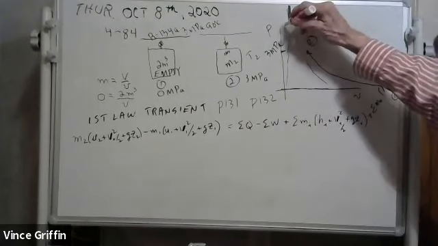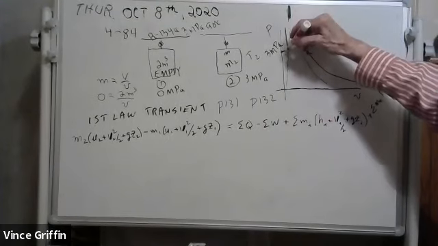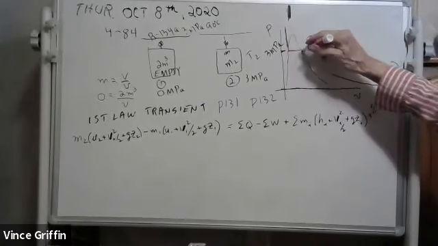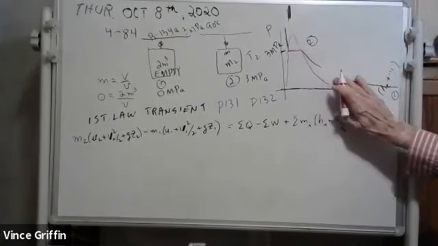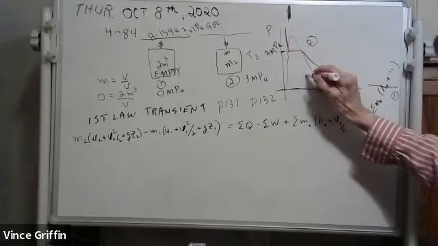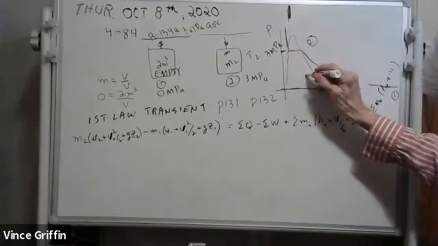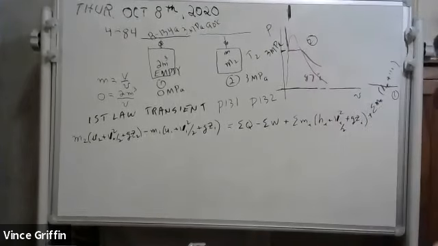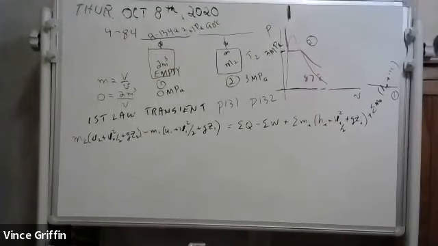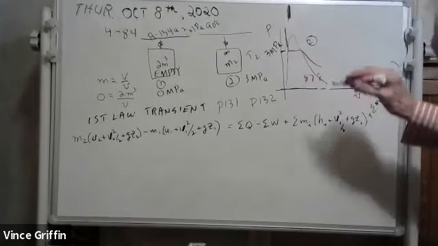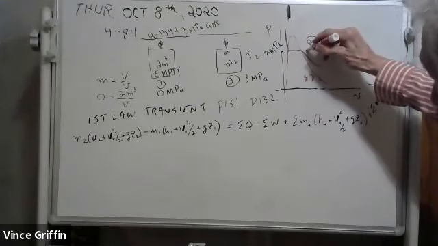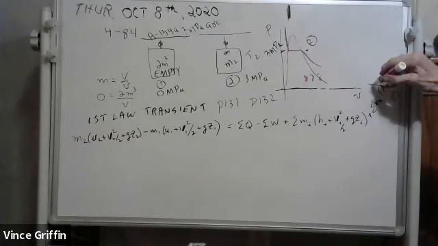So this right here is somewhere around 85, 90 degrees. It's actually about 87 degrees, something like that. But see, we're going to be at 90 degrees. So that puts us right about here.